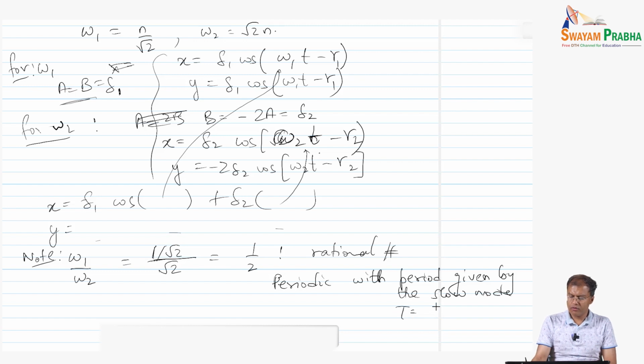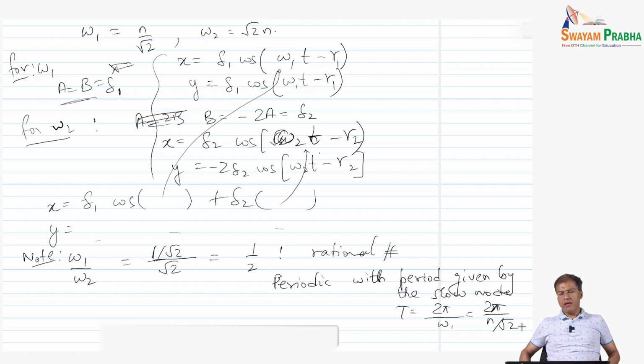So T is going to be 2 pi divided by omega 1, which is 2 pi divided by n over square root 2. That is the slow mode, because it is the larger period of the two coming from the fast mode and the slow mode. So the net period will be the period given by the slow mode. So that completes our discussion of this system of string mass attachment.